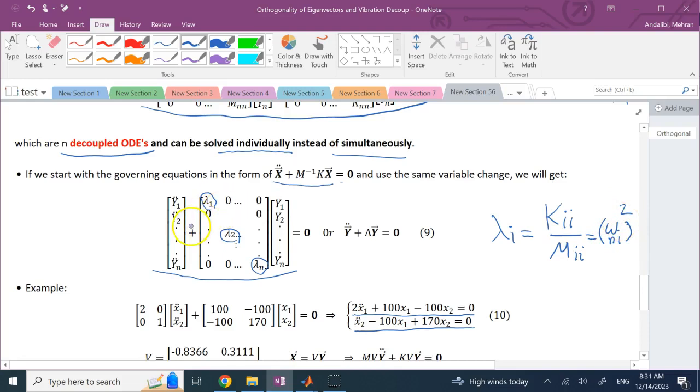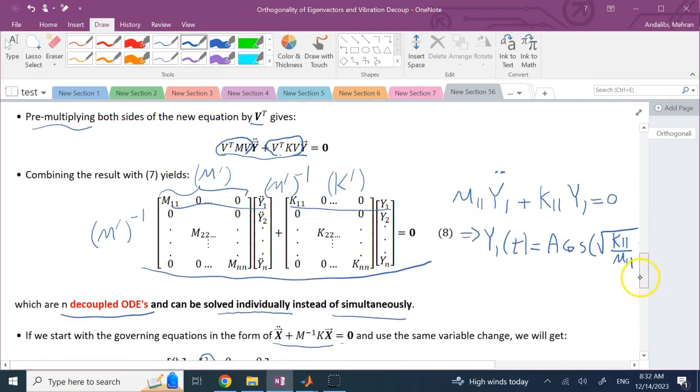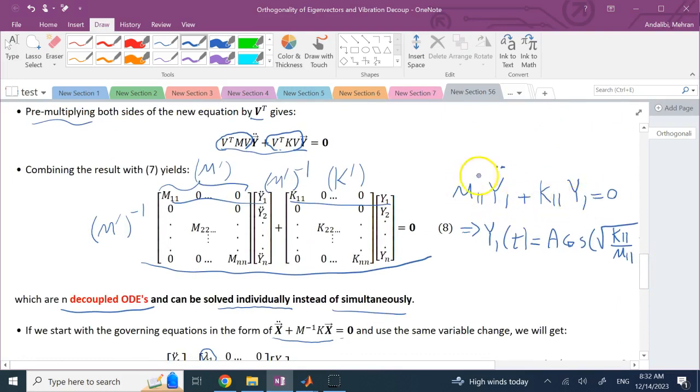So another way to write equation 8 is this way, and this diagonal matrix with all the eigenvalues, you might call it big lambda. That's the same thing. But again, you clearly see that the equations are decoupled. Writing this equation, divide both sides of it by m11, and then calling this lambda 1.